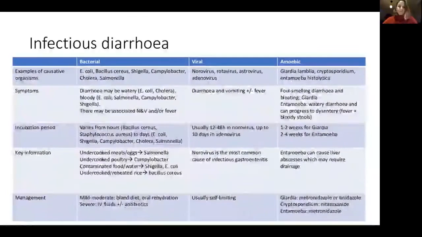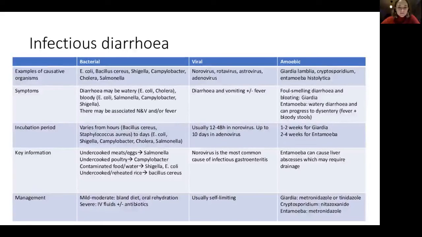So this is my slide that I mentioned, comparing the different causes of infectious diarrhea: bacterial, viral, and amoebic. Just in the interest of time, there's a lot of information there, so I'll let you look at that in your free time, but there are some very characteristic or important differences to pick up. The most common cause of infectious diarrhea is norovirus, and it has an incubation period of about half a day to 2 days.